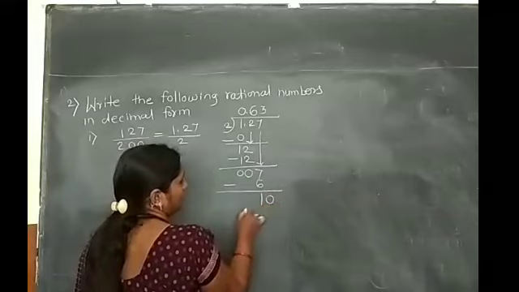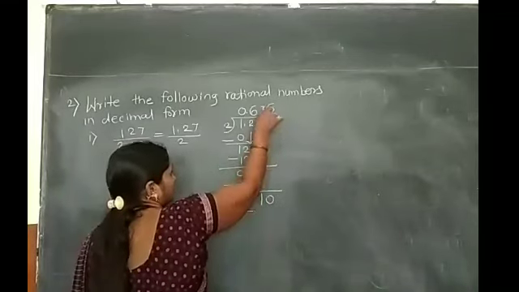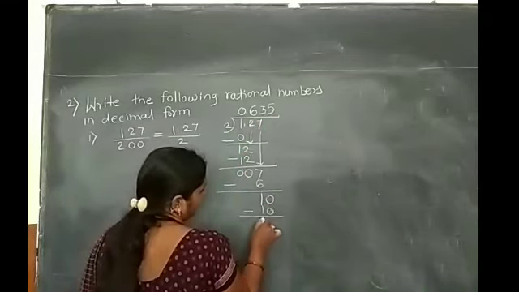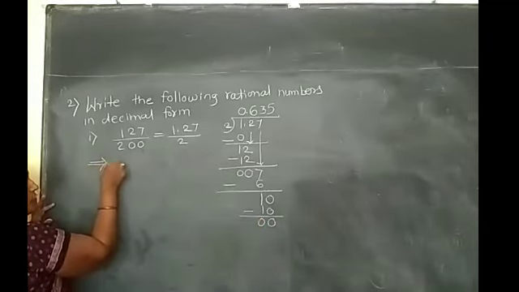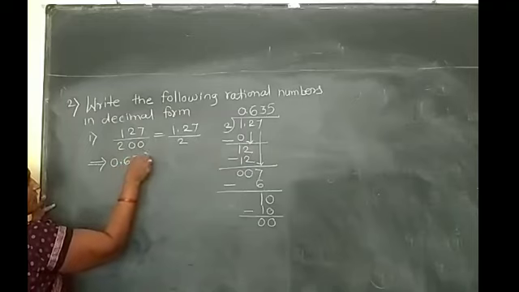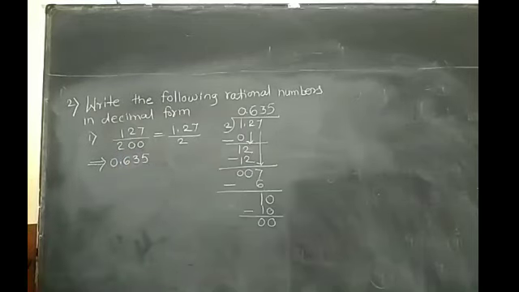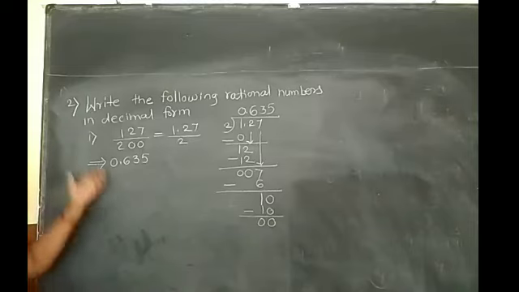We take a 0: 2 fives are 10. Then the division is completed. Their decimal form is 0.635.